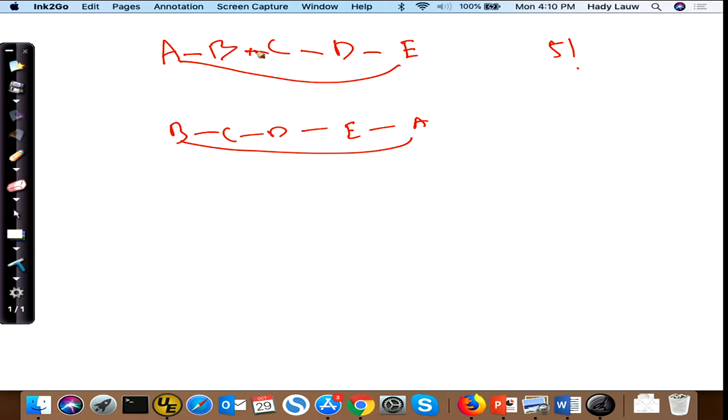Because BC here still exists here, the CD here still exists here, DE, EA, and AB, right? So effectively they involve the same set of distances, which means that any circular shift through the permutation is not going to change the total distance that is involved.